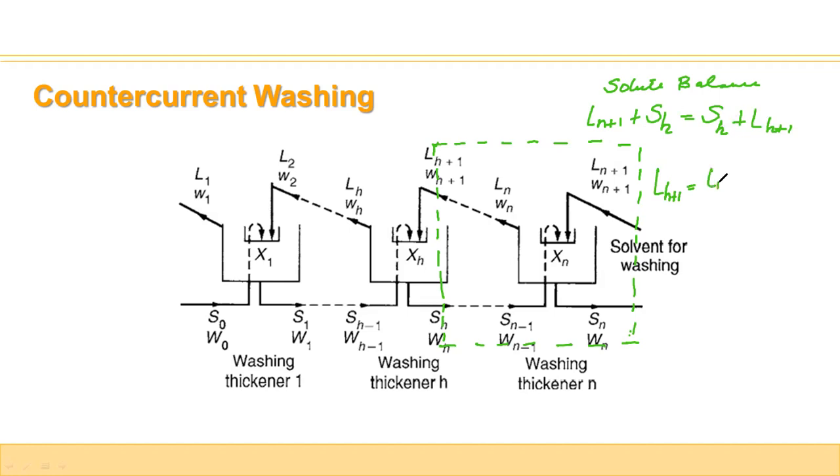So you have L sub n plus 1 plus S sub H minus, by the way, this is L sub n, S sub H. This is S sub n. It's hard to distinguish H from the N. Okay, so this is our L sub H plus 1.